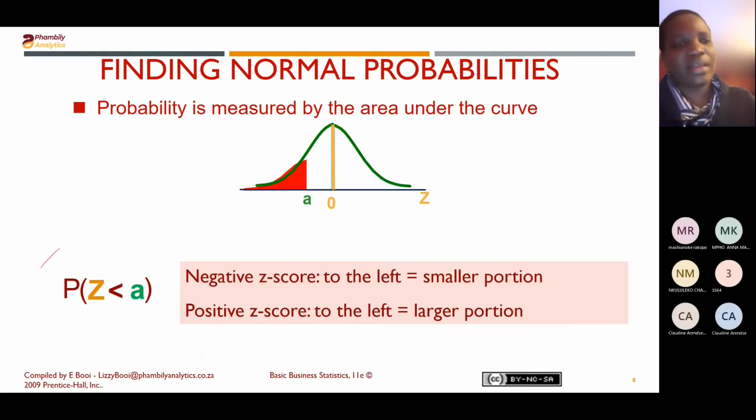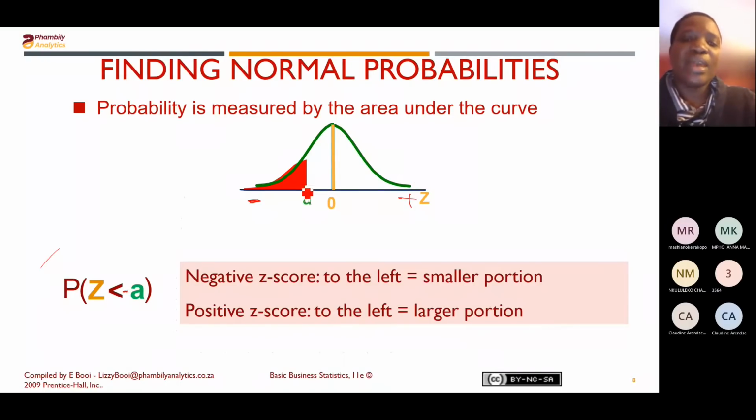So for example, if the question is calculate the probability of x is less than a value, which means it's less than or at most, therefore it means they are saying I must calculate the value of a less than, regardless of whether it's positive or negative. So anything on this side of 0 will be negative. Anything on this side of 0 will be positive. So if I have shaded this area, therefore it means my a is negative. I am looking for the probability of a less than.